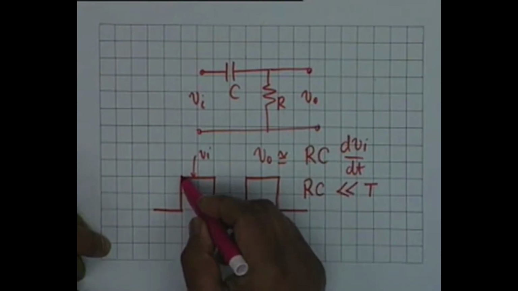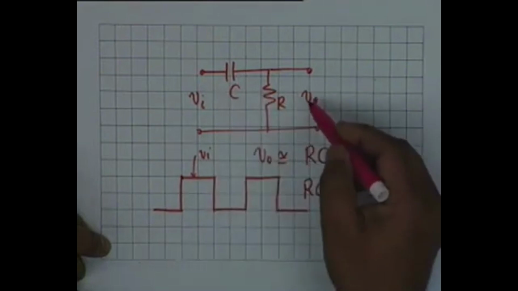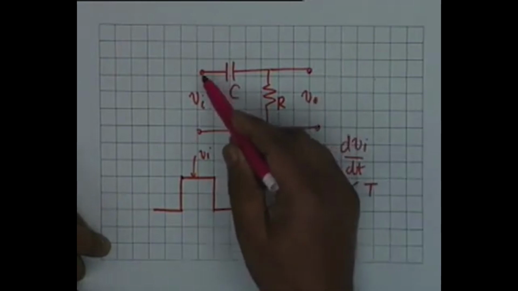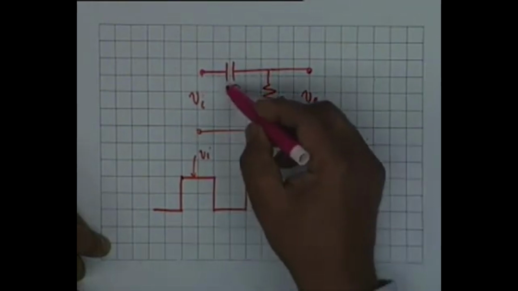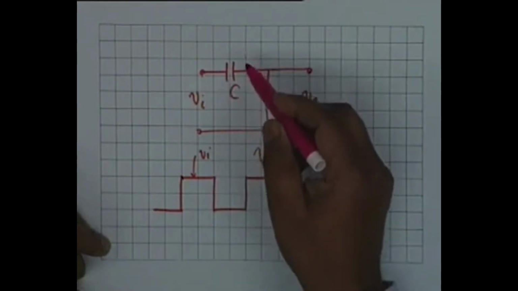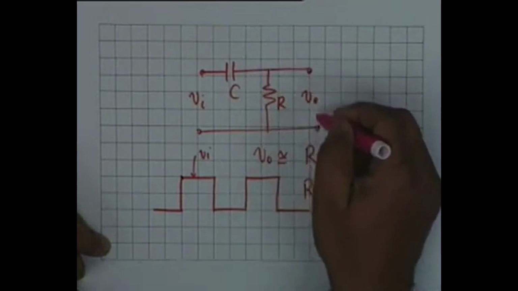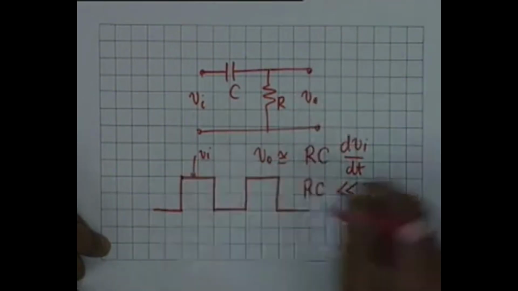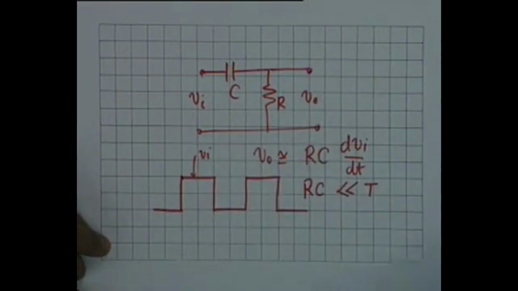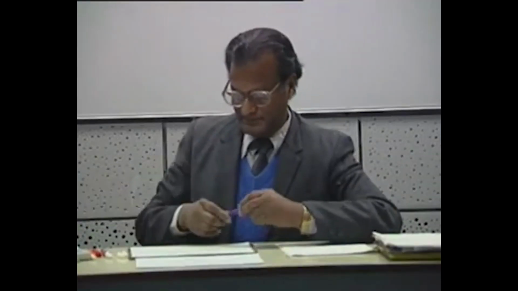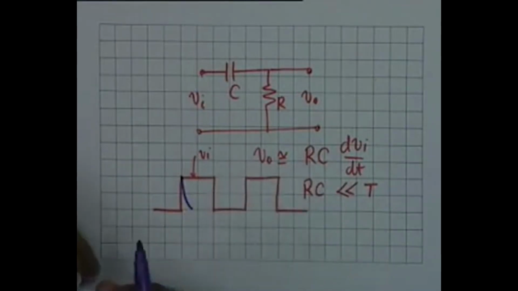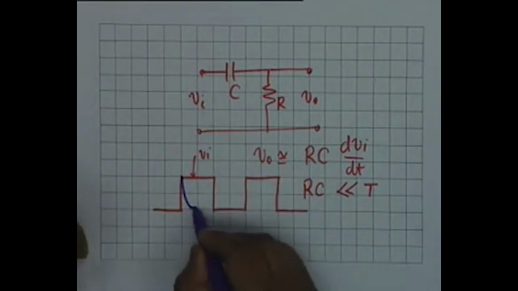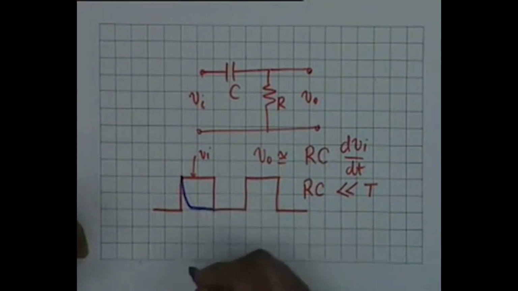Then the capacitor gradually charges, so this voltage decreases. By KVL, Vi should be equal to Vc plus V0. So when Vc increases due to charging of C, the voltage V0 decreases. It rises to Vi, then gradually it diminishes exponentially, to approximately 0.